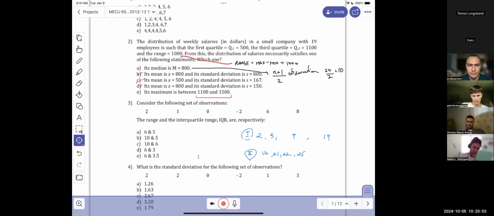Let's say in the extreme, the minimum could be lower than Q1, but let's just say if Q1 was the minimum, that's 500, and the range must be 1,000.